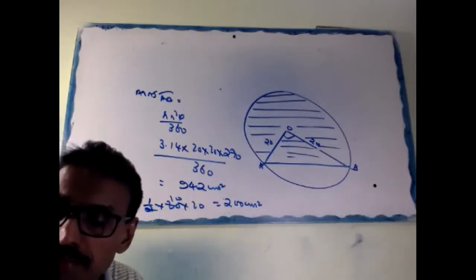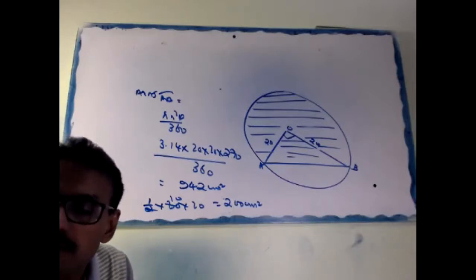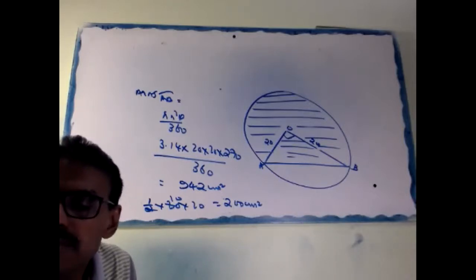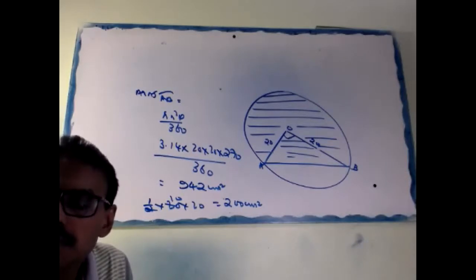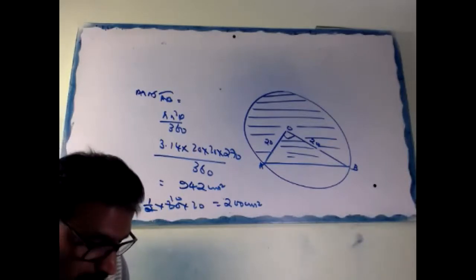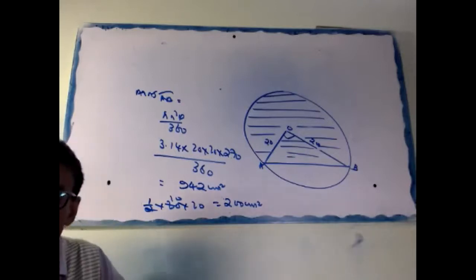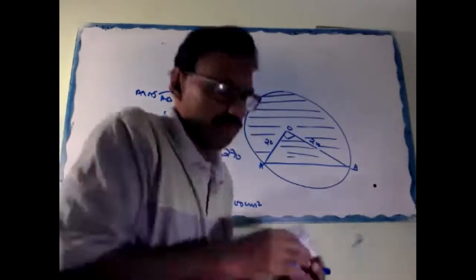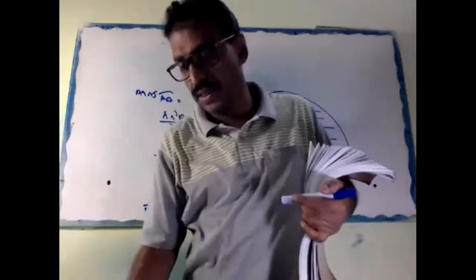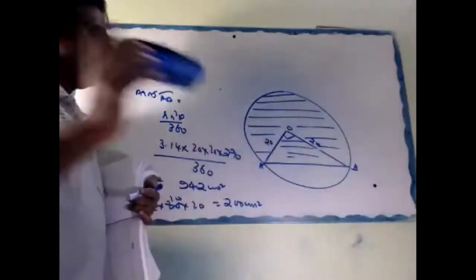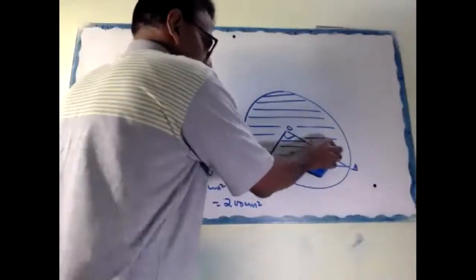Root 3 is 1.73. Okay. So this angle is 60 degree. Anyone have doubt? If it is 60 degree, what we will do? Area of this one, how much?